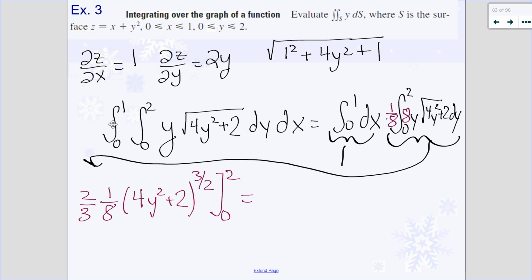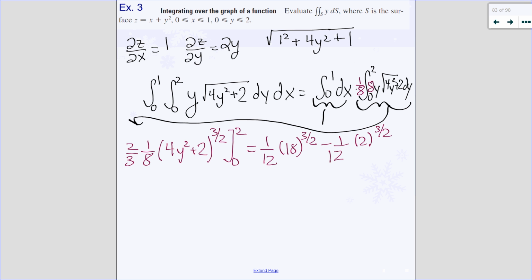And so that's going to be 1/12 of 18 to the 3/2, 18 plugging in 2 for your top, minus 1/12 times 2 to the 3/2 power. And then just making that look a little better, 18 to the 3/2 is 3 radical 2 cubed over 12 minus 2 radical 2.